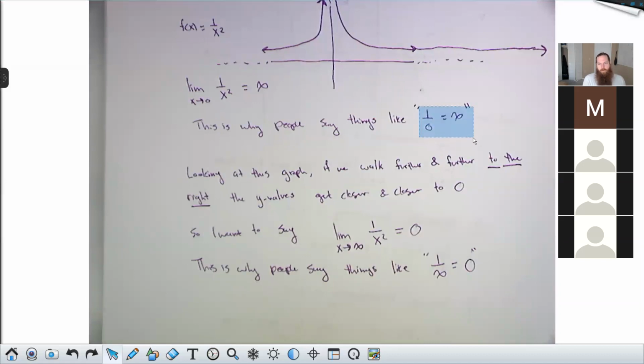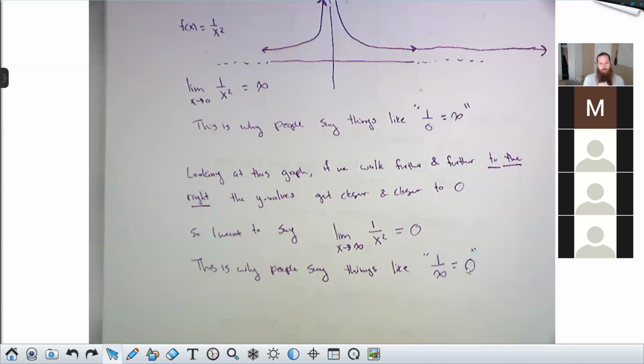More reasonable ways to interpret these two statements. This bottom one here, if you take 1 and you divide it by a very, very, very big number, you will get something very, very close to 0. And over here, if you take 1 and you divide it by something very, very close to 0, you will get a very, very big number. These are the more rigorous interpretations of these two statements.